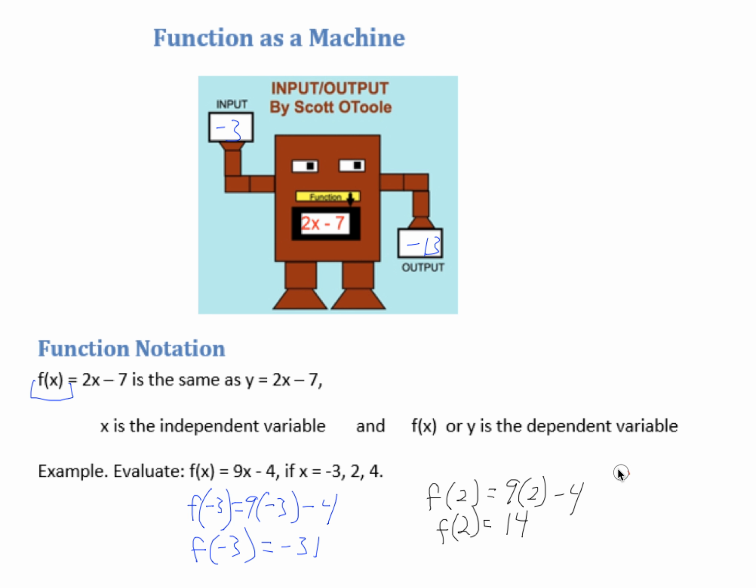So we can do f of 4, which means we put 4 in for x. So 9 times 4 minus 4. So f of 4 is equal to 9 times 4 is 36 minus 4 is 32. So we get f of negative 3 is negative 31, f of 2 is 14, and f of 4 is 32.